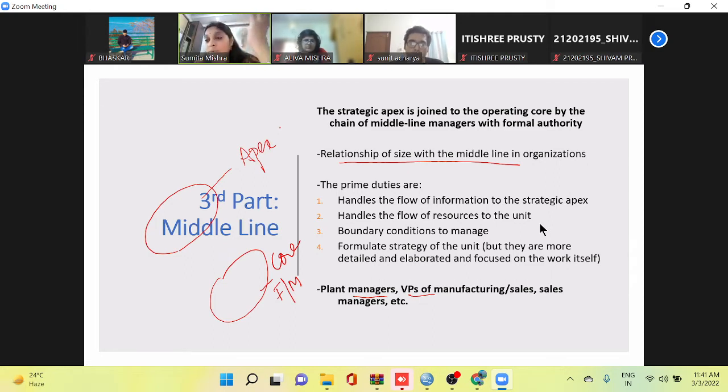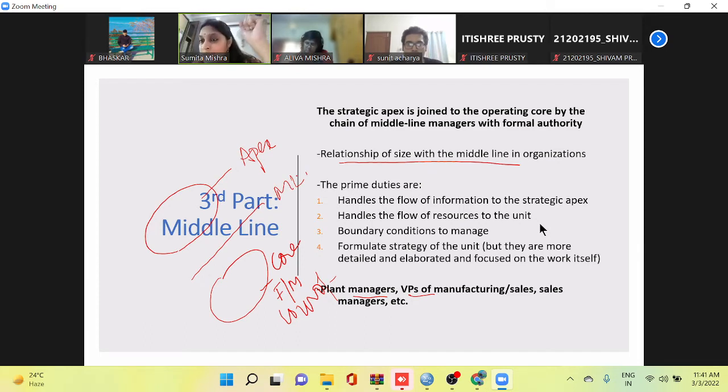We have the vice chancellor, registrars, and so many other officials here in the apex. But the core, if you are looking at teaching and non-teaching, is almost 10,000. 10,000 is a huge number. It's very difficult for the apex to directly connect with the core. So naturally, there will be the creation of a middle line.